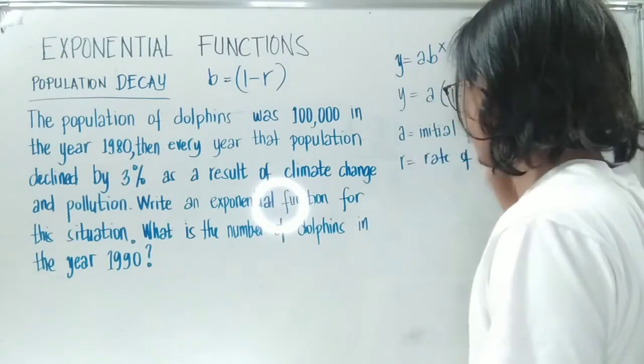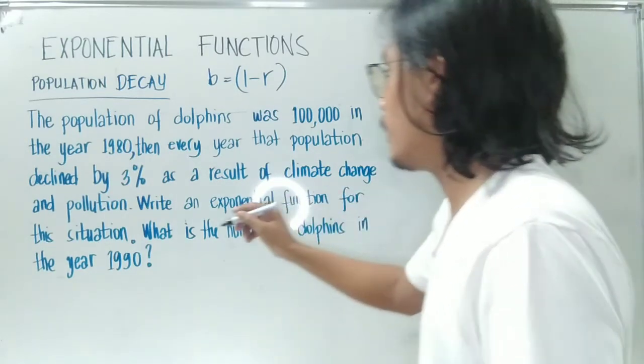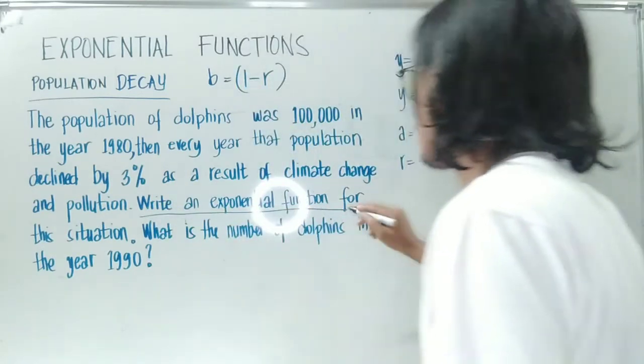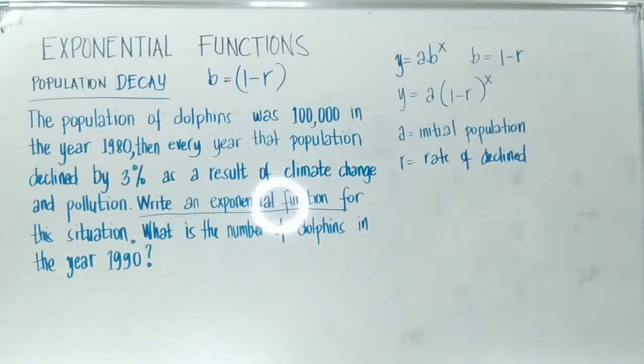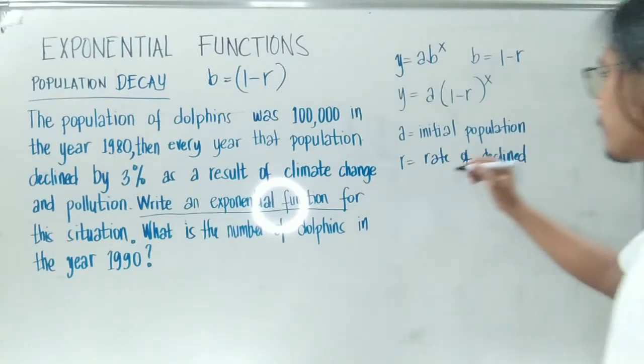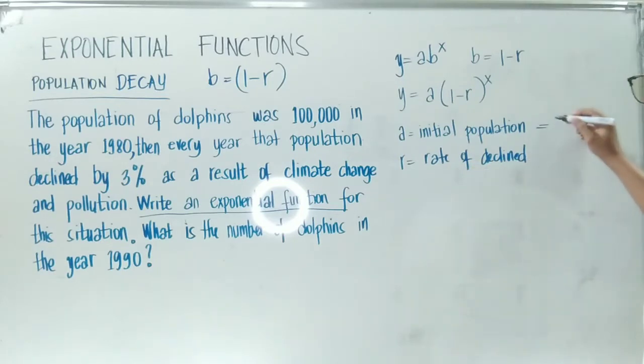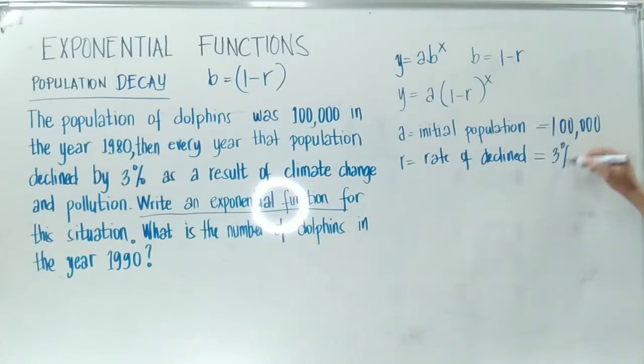So let us write an exponential function for this situation. Your initial population a is equal to 100,000 and your rate of decline is 3%, or in decimal form, 0.03.